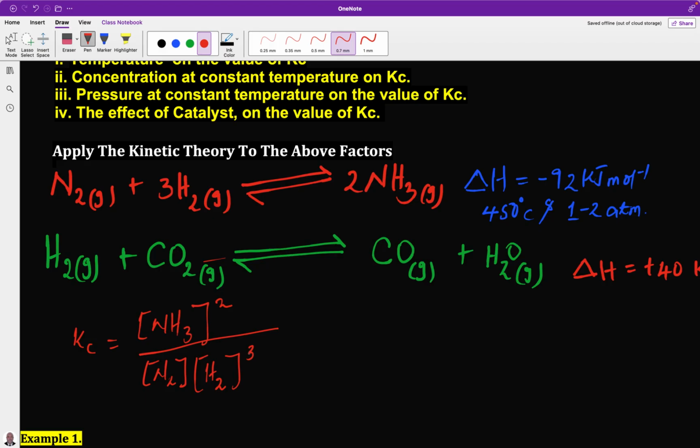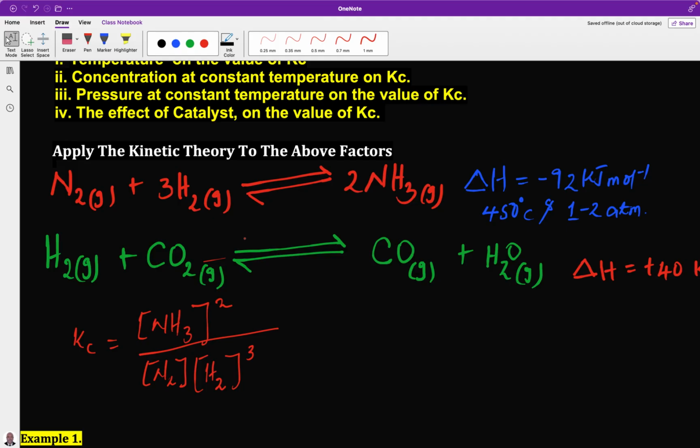Let's go to catalysts. What happens to the catalyst? A catalyst is just a substance that will help to speed up the rate of a reaction. The catalyst will have no influence on the value of Kc. The role of the catalyst is just to speed up the reaction, to make the equilibrium be achieved in a shorter period of time.